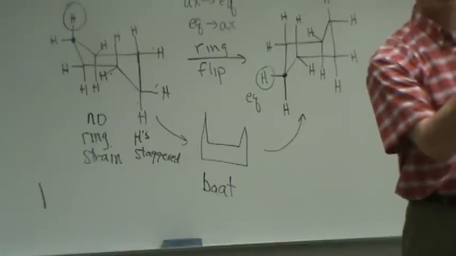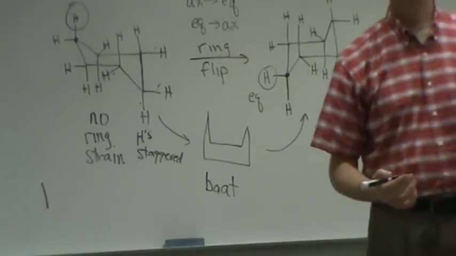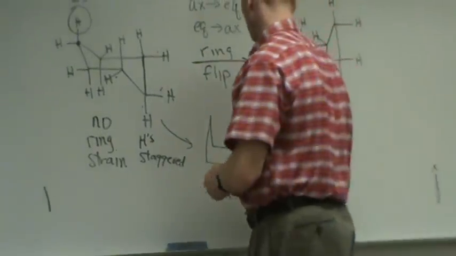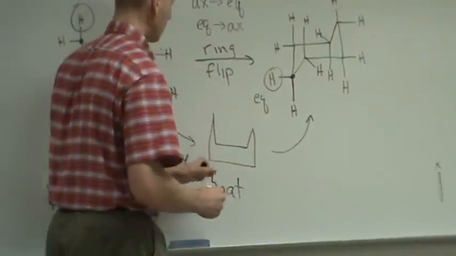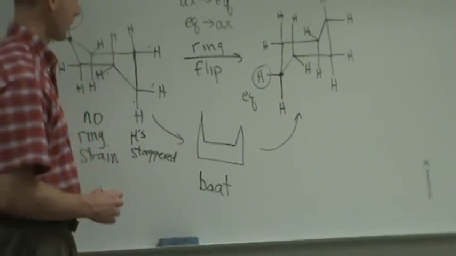Those bonds can somewhat get a little bit closer to each other. But not with cyclohexane. But in the boat conformation, you lose this low energy state.